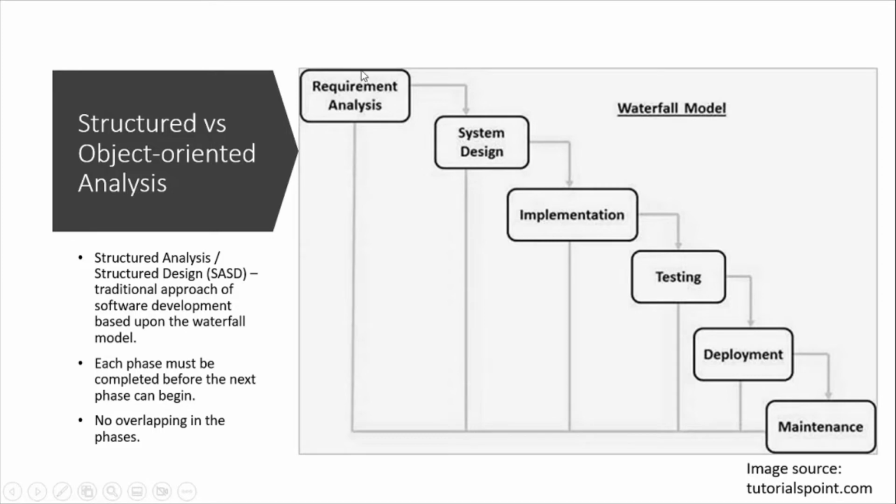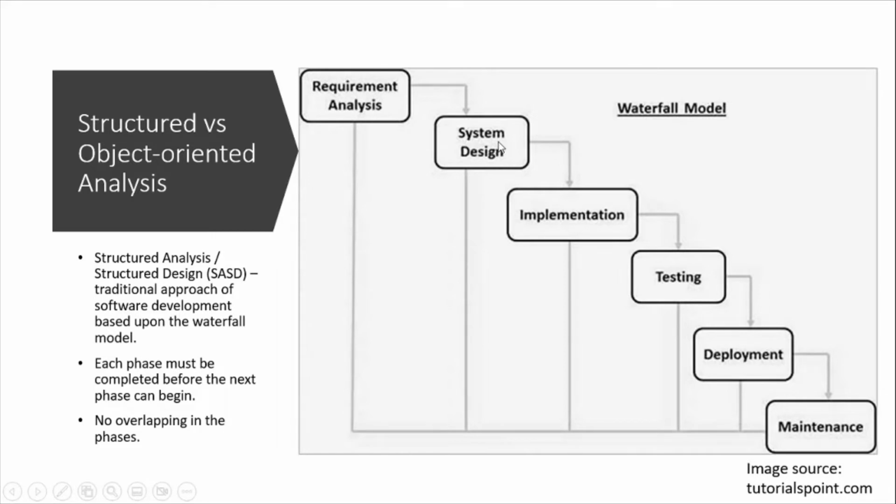Now, each phase must be completed before the next phase begins. No overlapping in the phases. So it means once you are completely done with requirement analysis, you can now start with the system design.